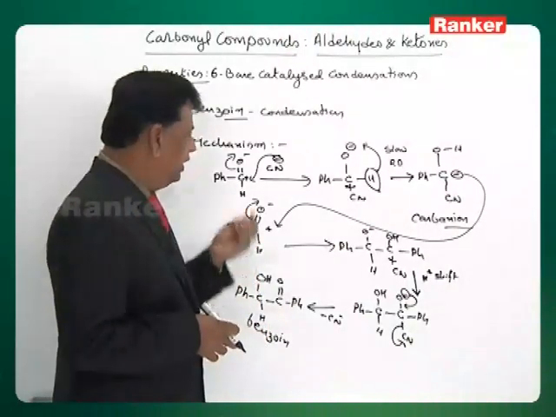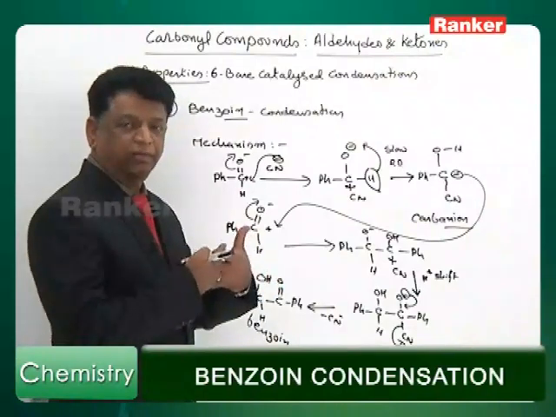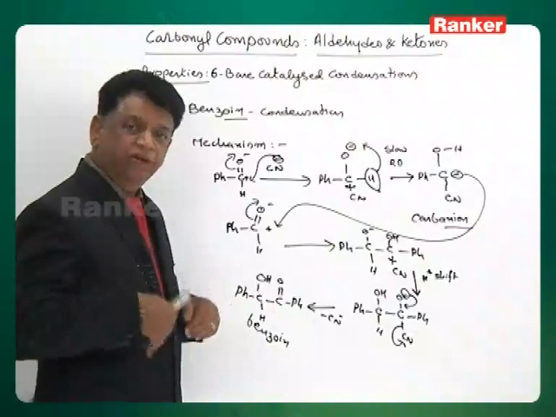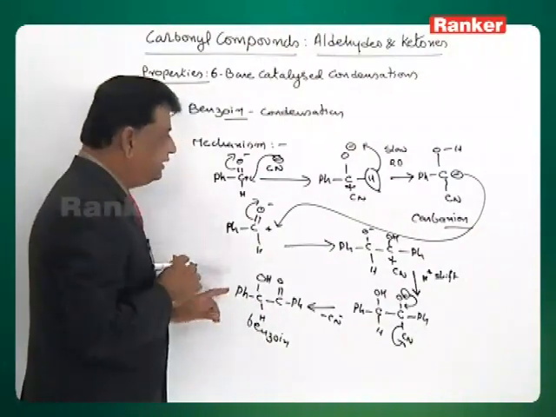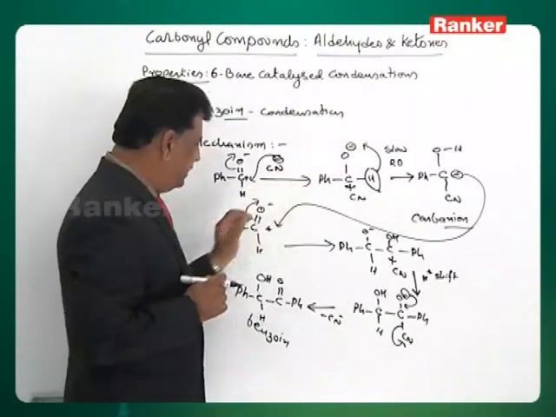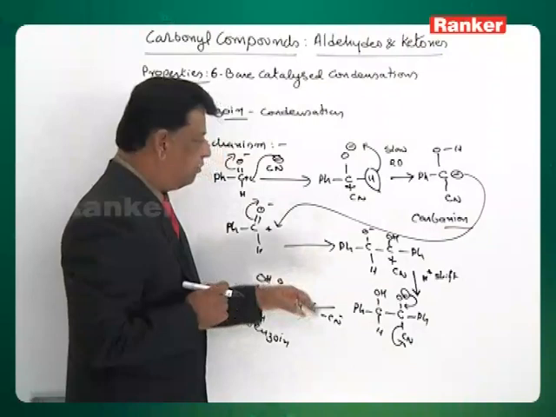But in very few, like the Cannizzaro reaction we have seen, there is no carbon-carbon bond formation. Parallel reaction, one undergoes oxidation, one undergoes reduction. Now here that conceptual point is there, carbanion attacking on the carbocation, a new synthetic CC bond is formed.